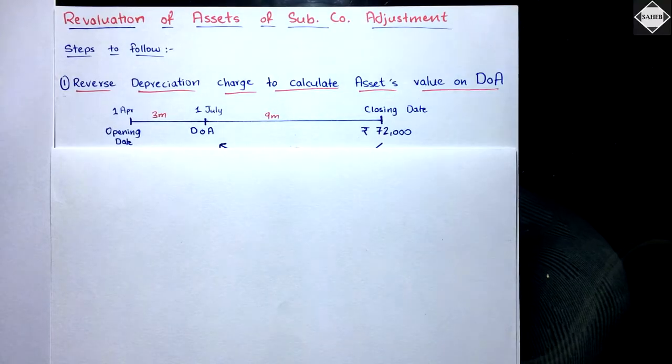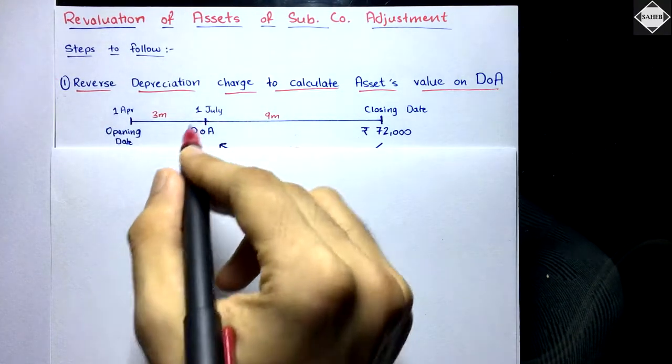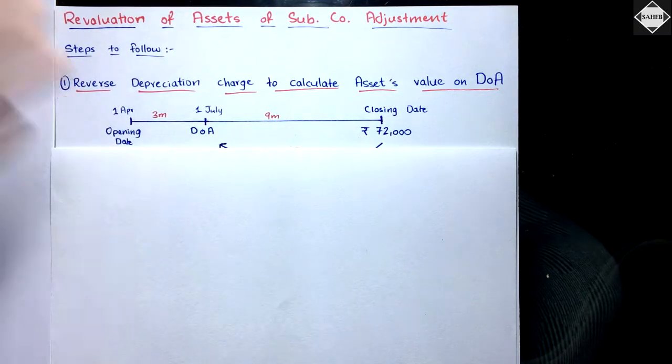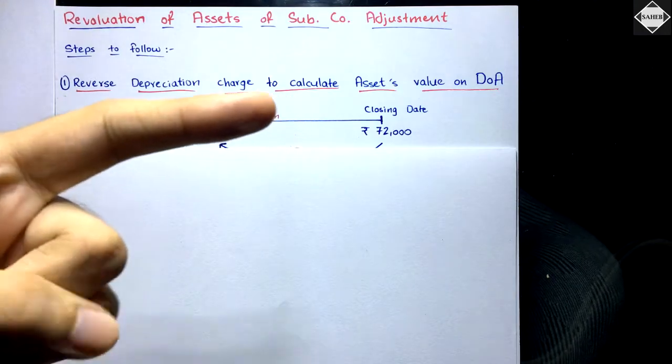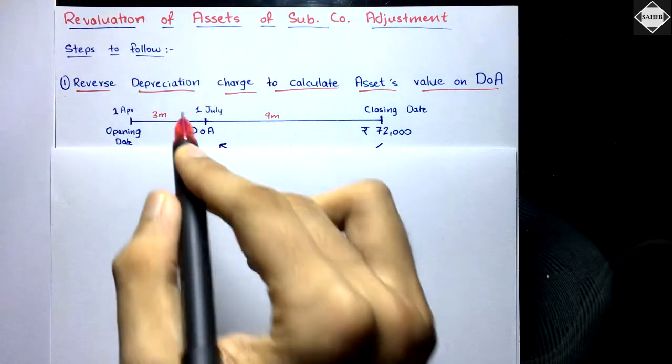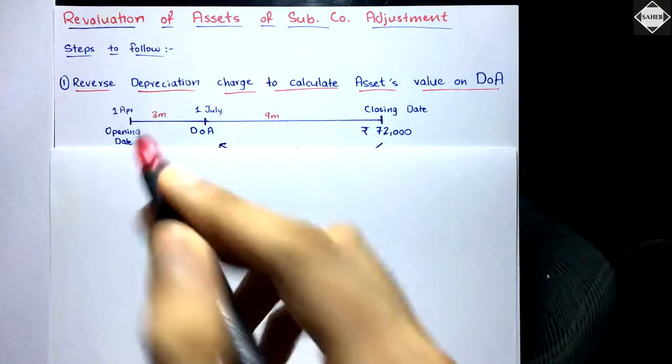Let's take a simple example. Let's say one company acquired another company on 1st July. So 3 months is the pre-acquisition period and 9 months is the post-acquisition period. If there is a revaluation adjustment in this example, then we need market value and book value on 1st July, the date when revaluation happened.